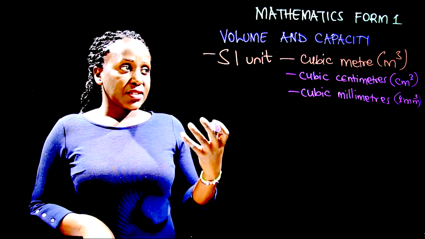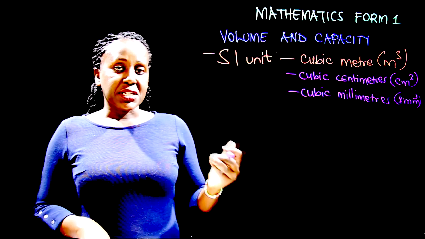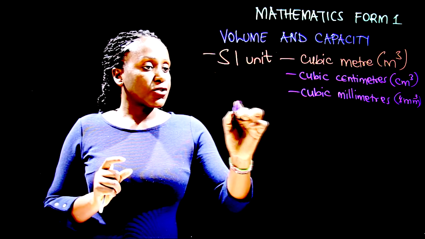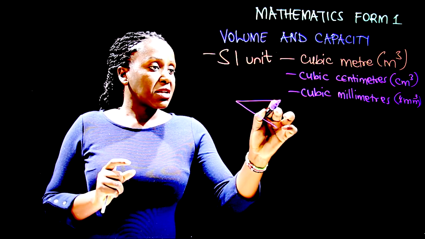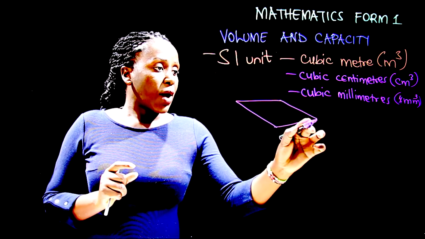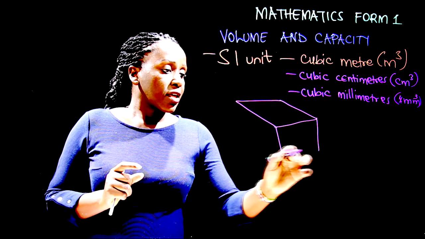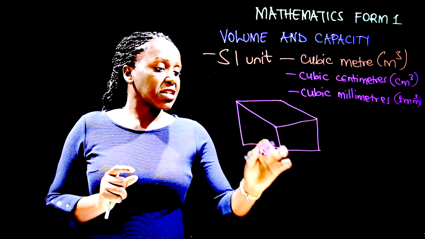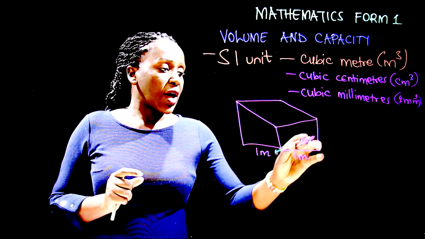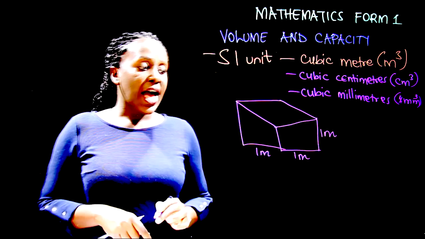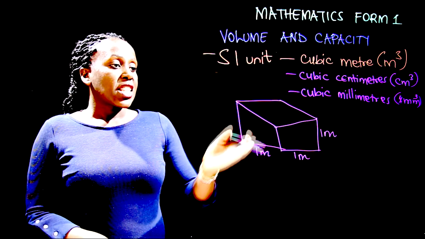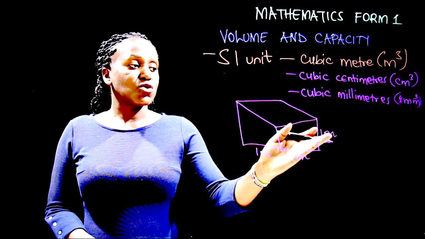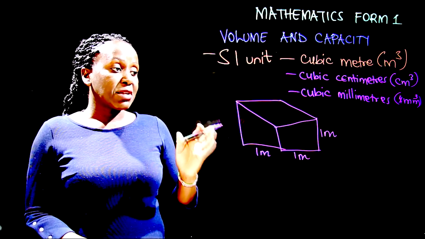To first understand what is a cubic meter, if you have a box, a cube that is 1 meter long, 1 meter wide, and 1 meter high, okay? So this is our cube. Then we say that the volume of this cube is 1 times 1 times 1, which is equal to 1 meter cubed.